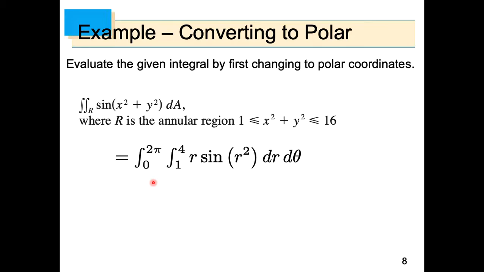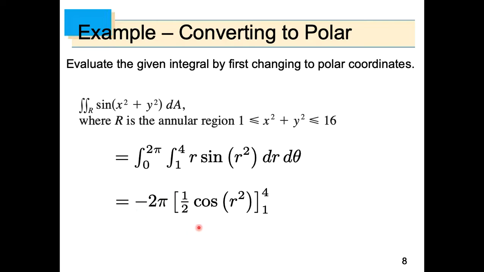Now, using basic substitution from calculus 1, we just simply end up with negative 1/2 cosine r squared, going from 1 to 4. And if you're wondering where the 0 to 2 pi integral of d theta went, well, again, notice that the integrand is explicitly r, so we can just go ahead and focus on this integral, and then take the integral from 0 to 2 pi of d theta right away, which is simply going to be 2 pi.